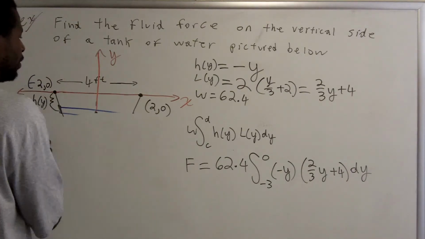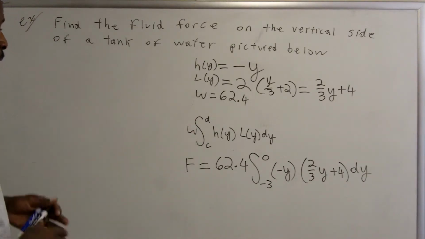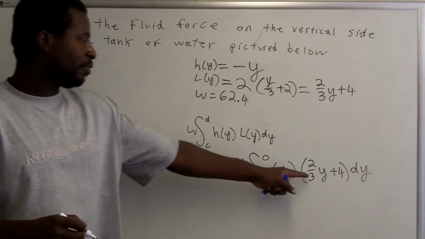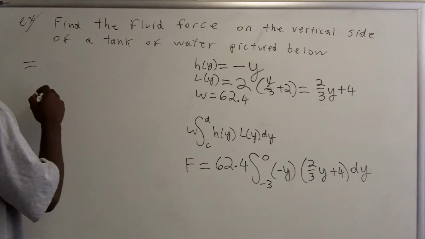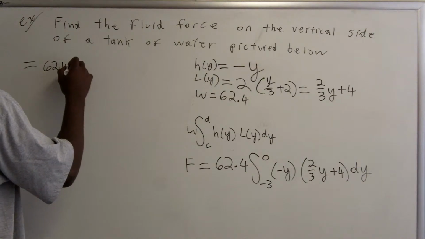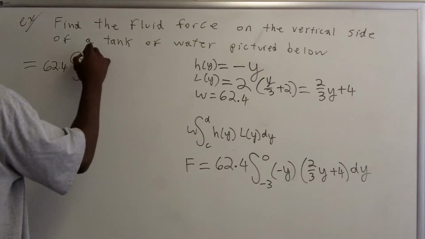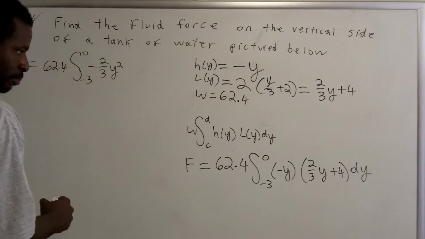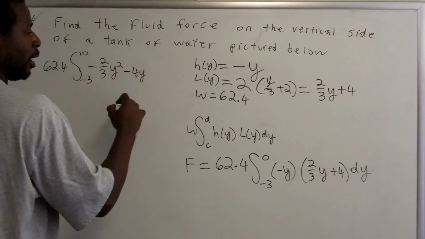So let's go ahead and do that calculation. We have 62.4 times the integral from -3 to 0 of negative 2/3 y squared minus 4y dy.